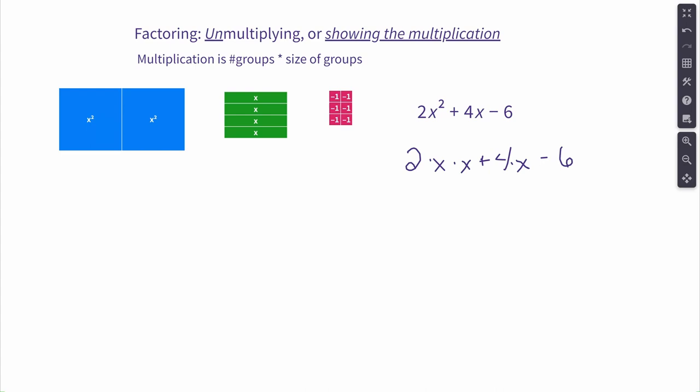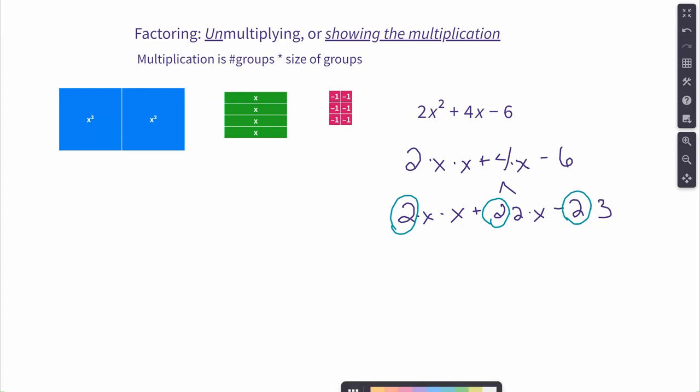minus 6. Now 4 is 2 times 2, right? And 6 is 2 times 3. So what do we see in common in all of these terms? I personally see a 2 that each of them has.